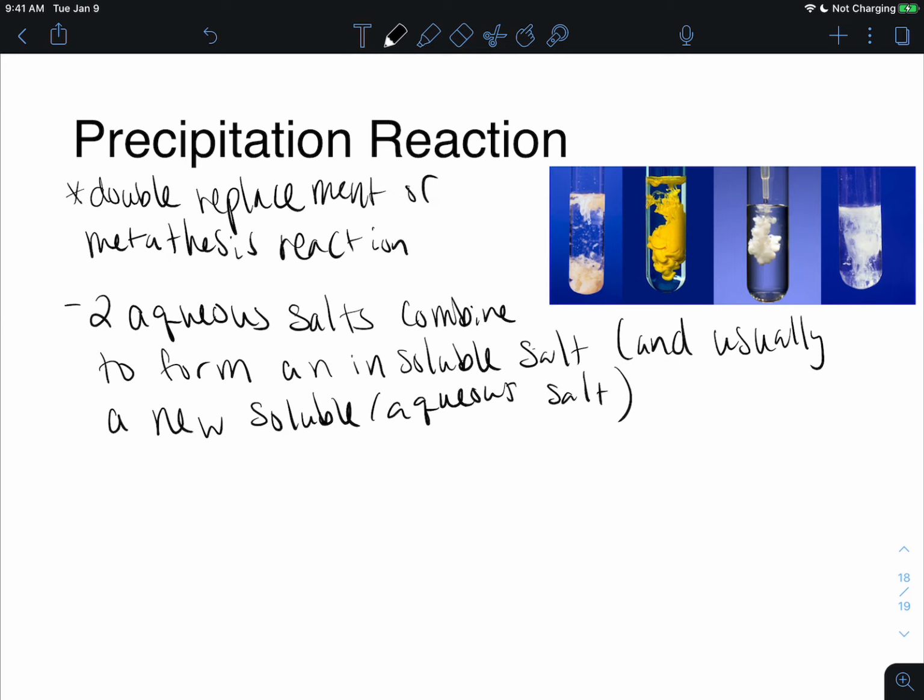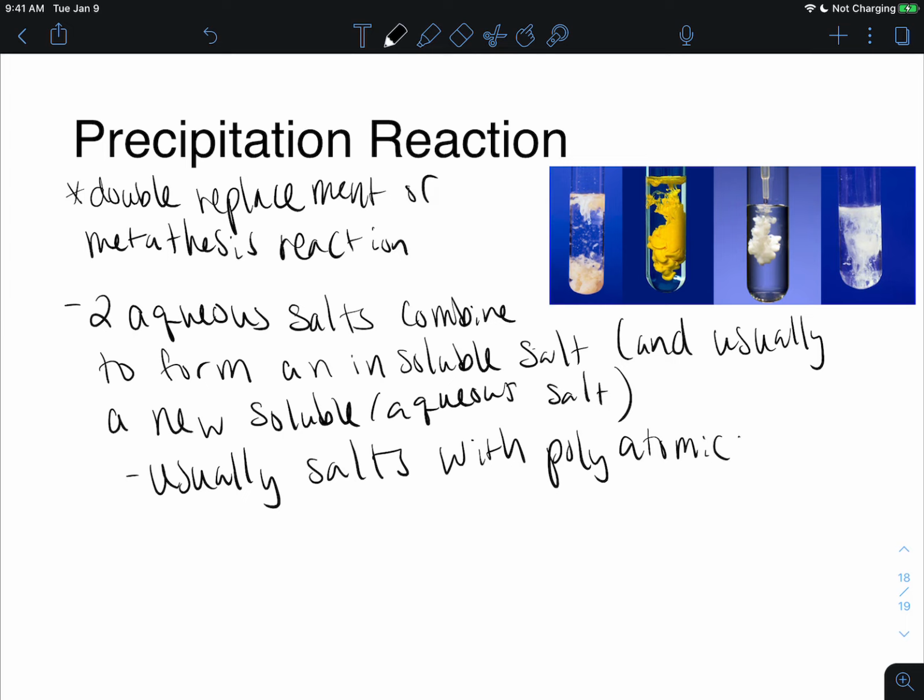Okay. These are going to involve metal salts with polyatomics usually. So usually salts with polyatomics. Although not always, but generally.